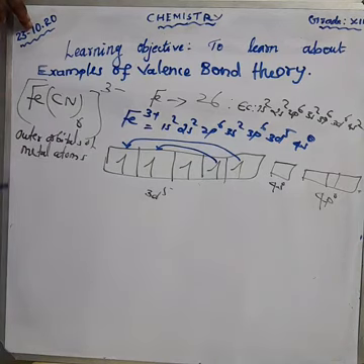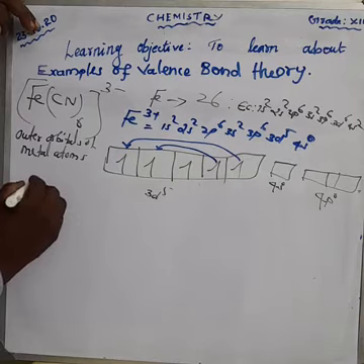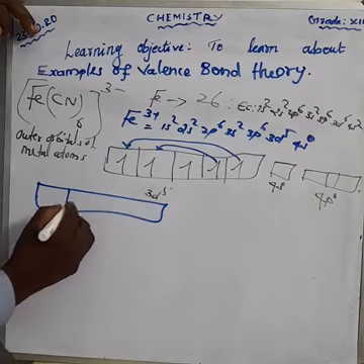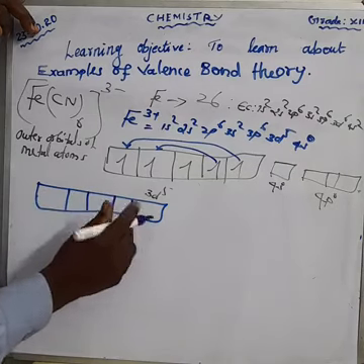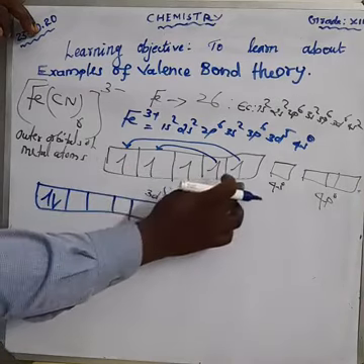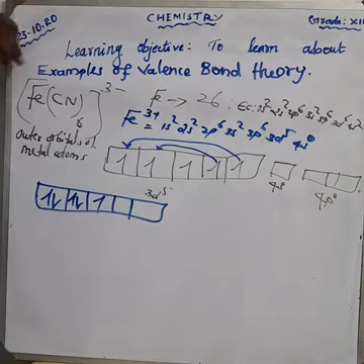Fe(CN)6 3 minus. This electron combines here, so we get 2 electrons. This electron combines to here, it's also 2 electrons. The single electron remains as 1 single electron.